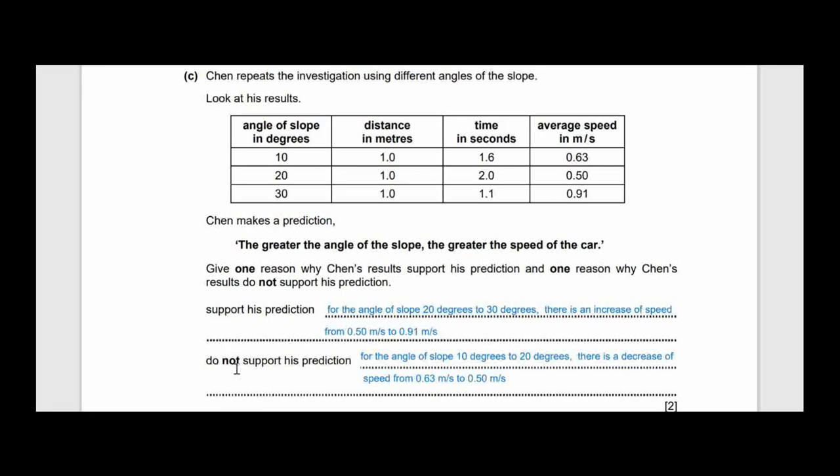The one which does not support his prediction is the angle of slope 10 degrees to 20 degrees, where there's a decrease of speed from 0.63 meter per second to 0.50 meter per second. So that contradicts his prediction. With a greater angle of 20 compared to 10, the speed should be greater to support his prediction. So that will be the correct answer.